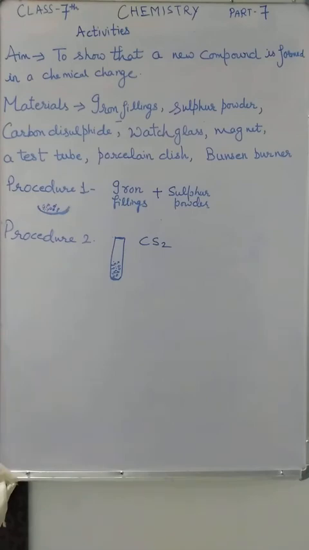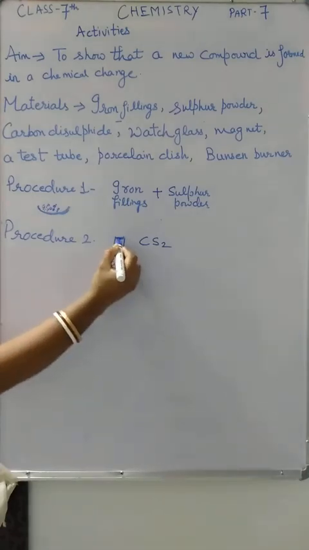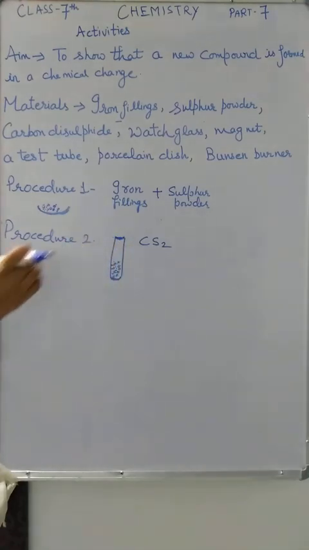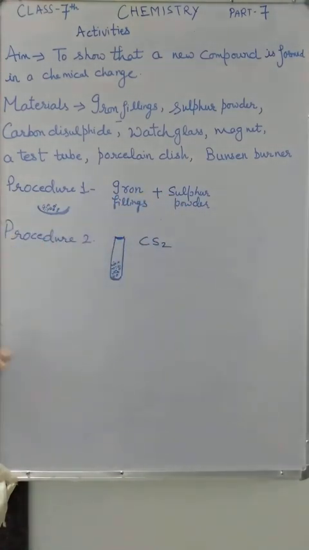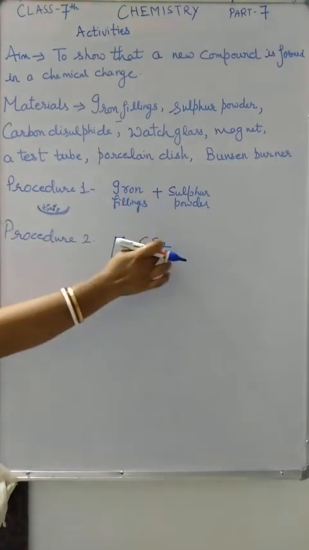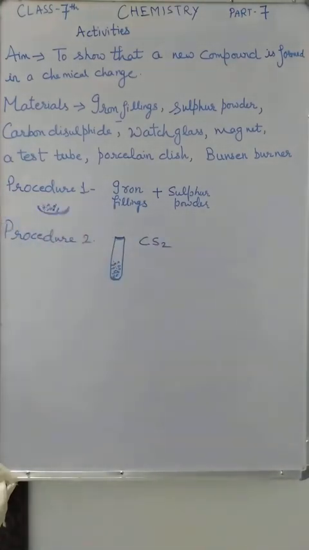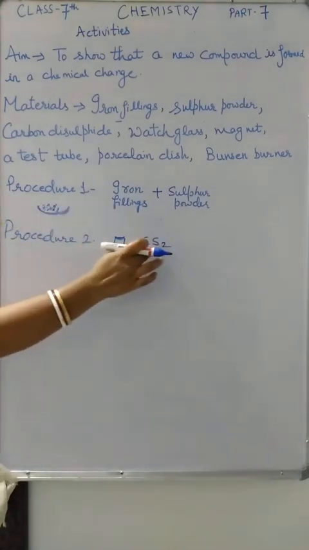Again, all of you listen properly. You have to take the iron filings and sulfur powder in a test tube, and you have to add carbon disulfide solution to that. Carbon disulfide is a chemical.